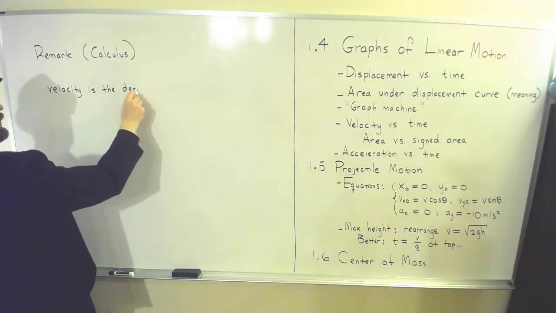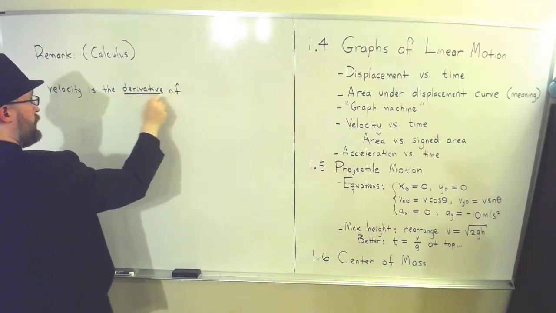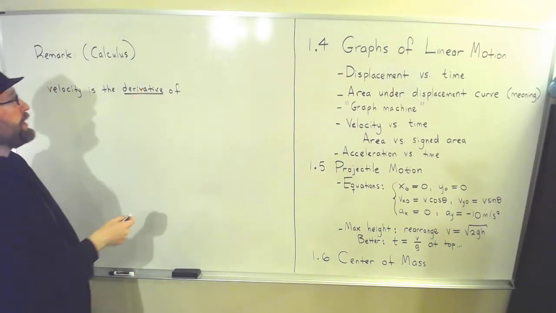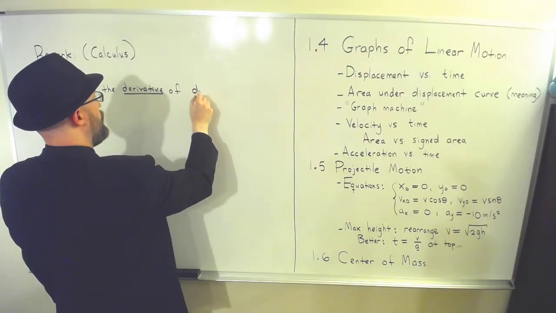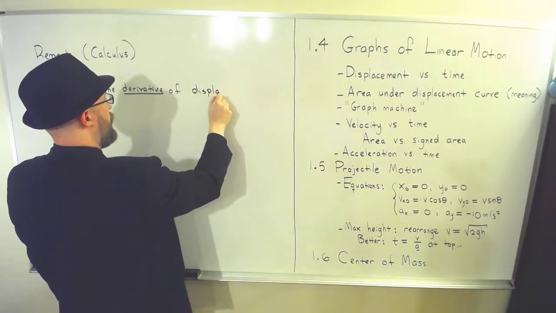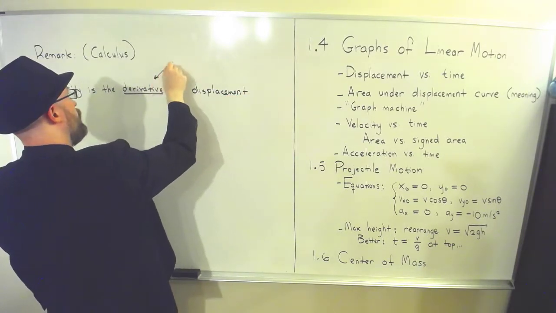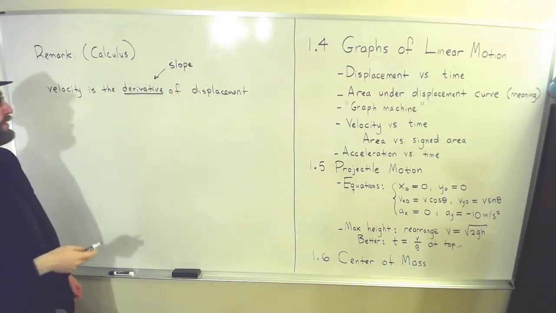velocity is the derivative. If you haven't had calculus, you may not even know what that word means. So this is the derivative of displacement. And what the derivative really means in this context is just the slope of that displacement curve.